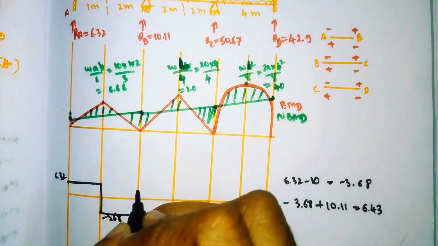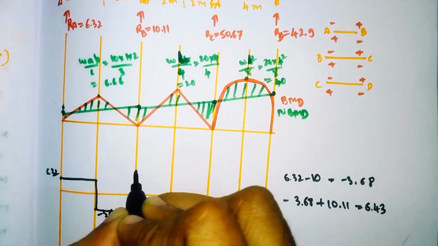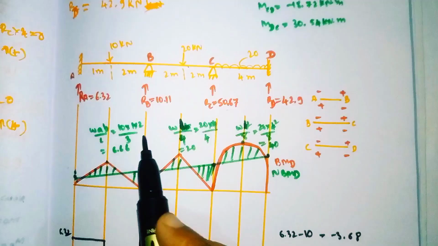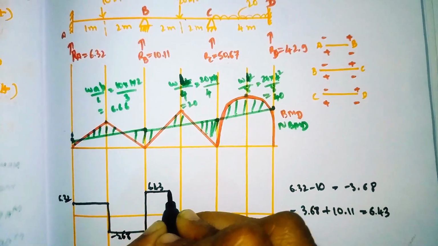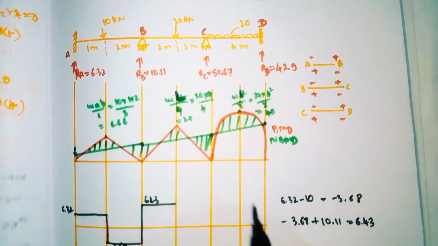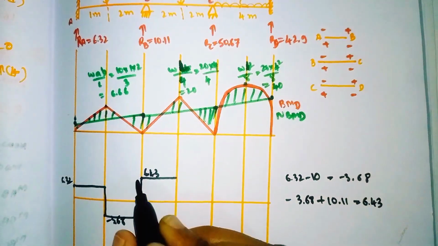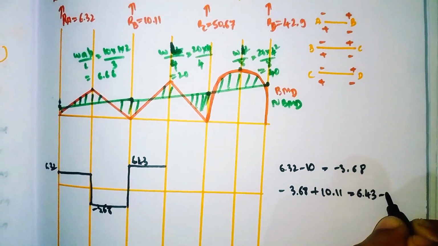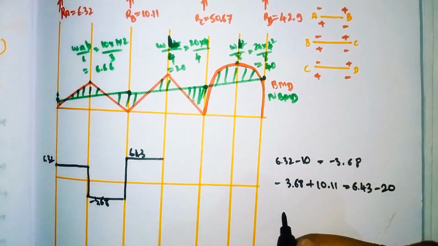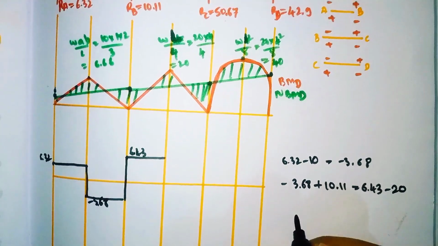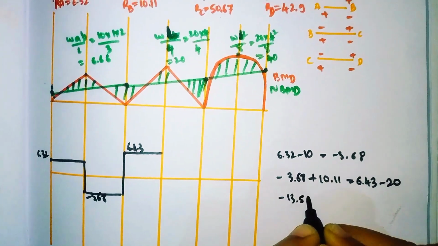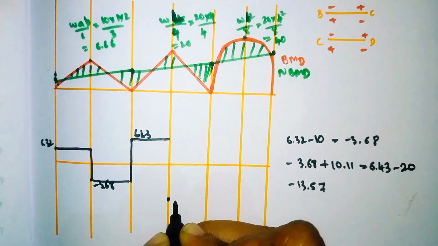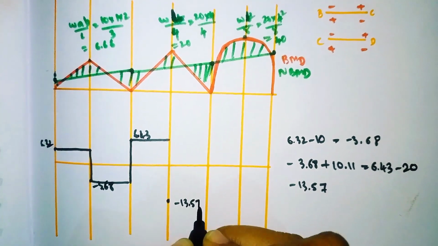It means it comes here, 6.43, and from here to here there is nothing, it will come straight. Here again a point load is acting downward. We need to subtract 20, so it will come out as minus 13.57. So minus 13.57 means it comes here.